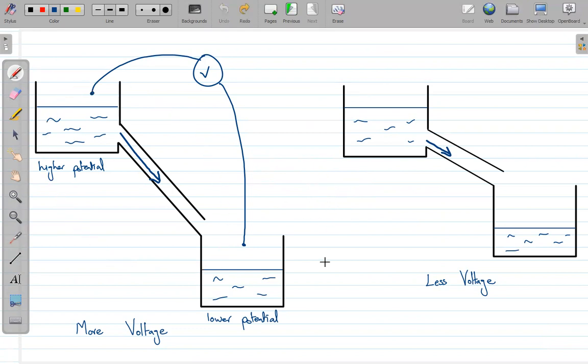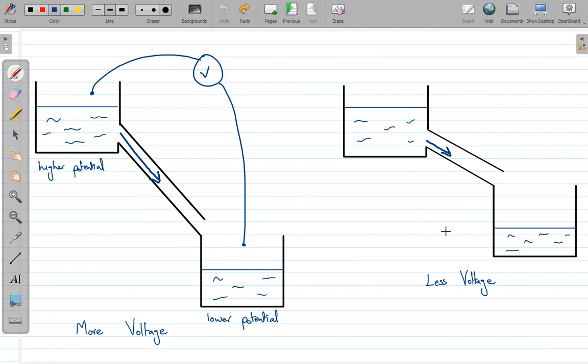For current to flow, you always need a gradient. So any component in the circuit needs to have this higher potential and this lower potential, and the subtraction between the two will give you the voltage. Right? That's what is happening. So each and every component in a circuit is going to have a particular voltage across it. That's what makes the water flow.